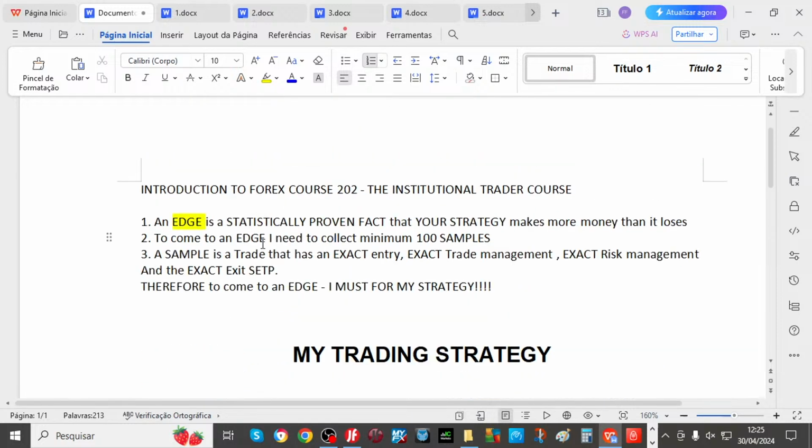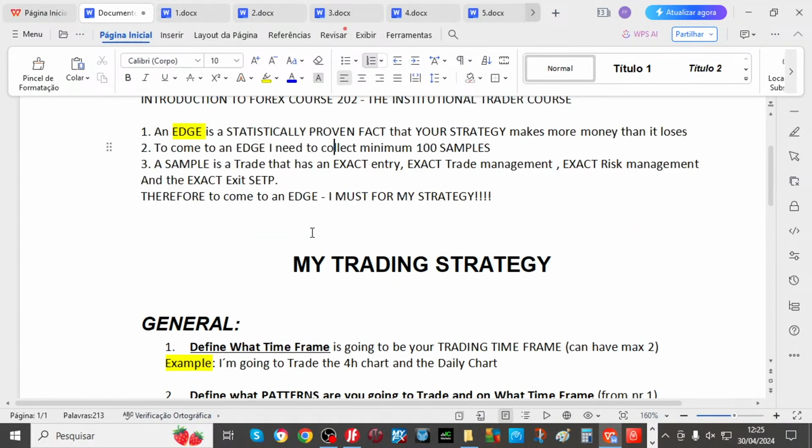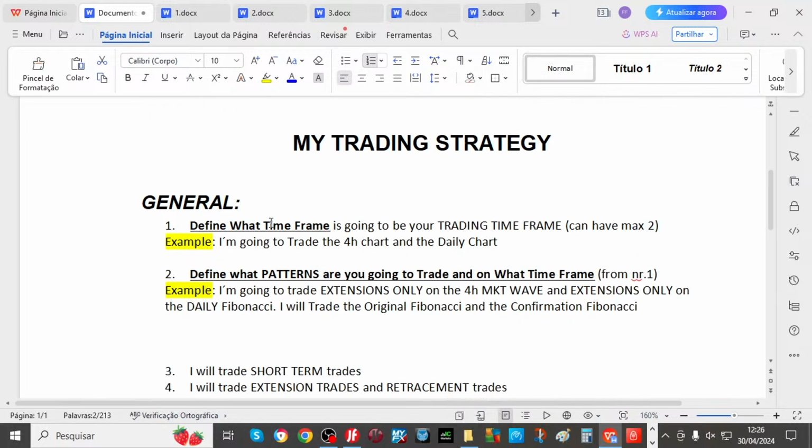This is the institutional sauce. So you cannot collect 100 samples, everybody, without having your strategy written in black and white, not subject to interpretation. Does this make sense? Exactly.